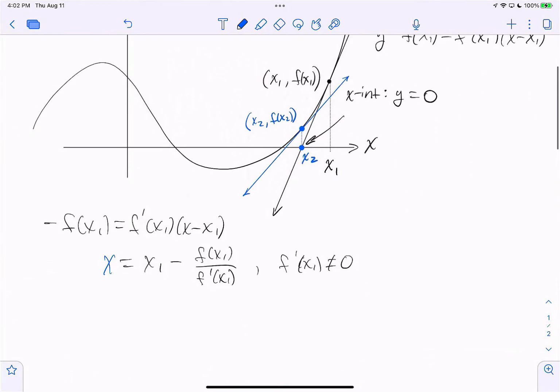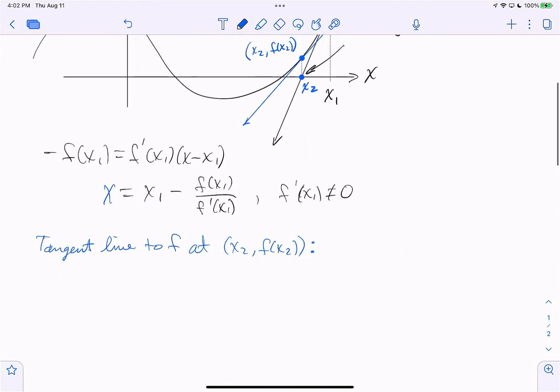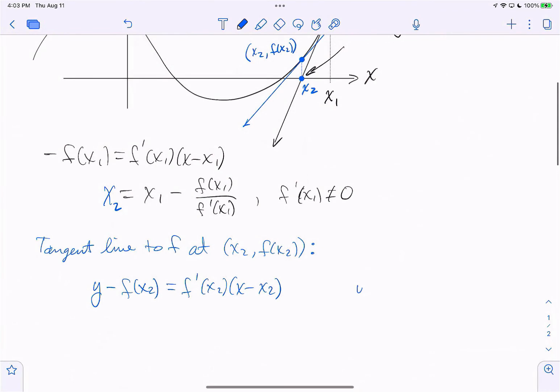Now, if I then consider the tangent line to f at x2, f of x2, my equation becomes y minus f of x2 is equal to f prime of x2 times x minus x2. And remember, we got x2 from the first iteration of this. Now, if I want the x-intercept, which is what we've been after, then I have that y is equal to 0.